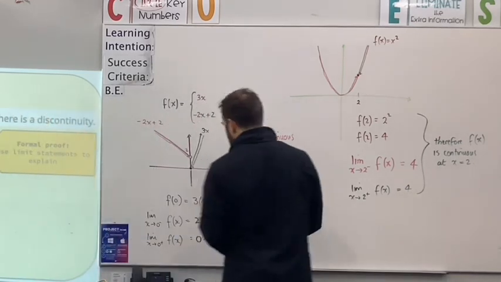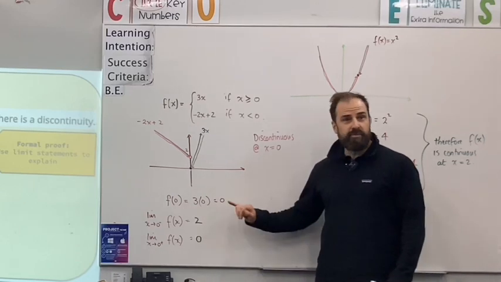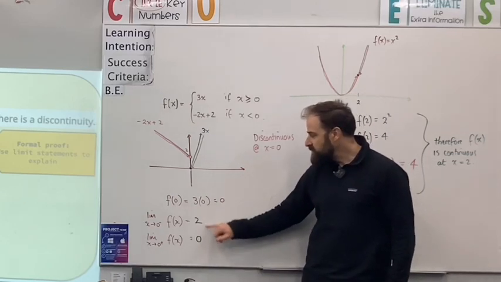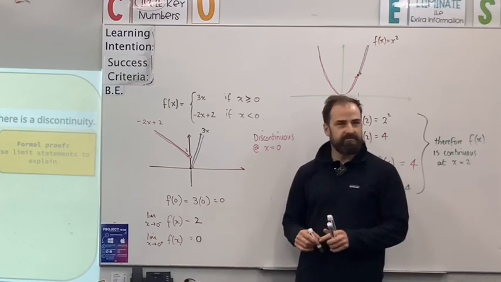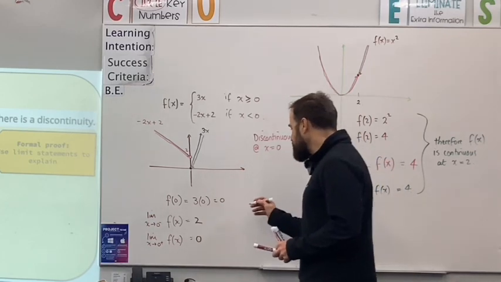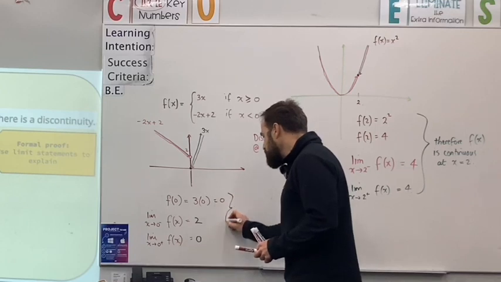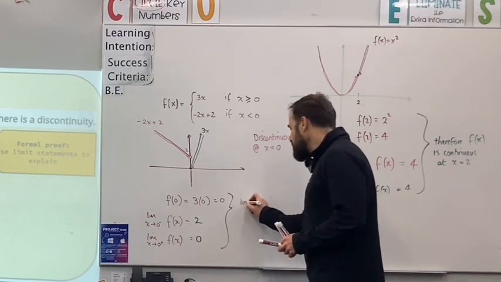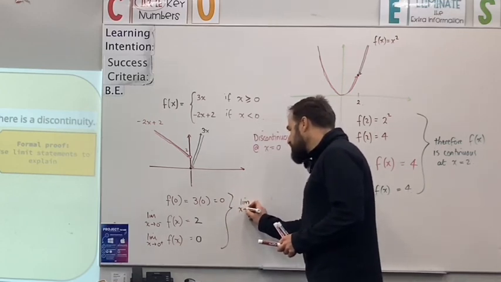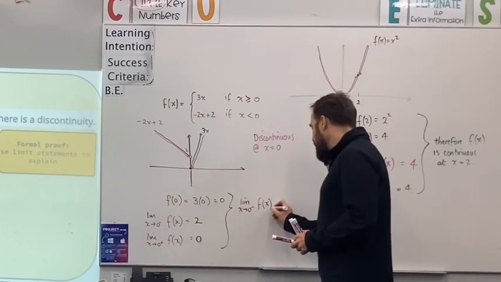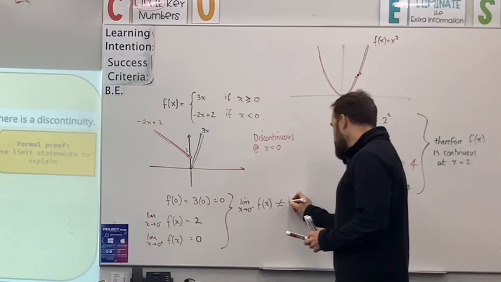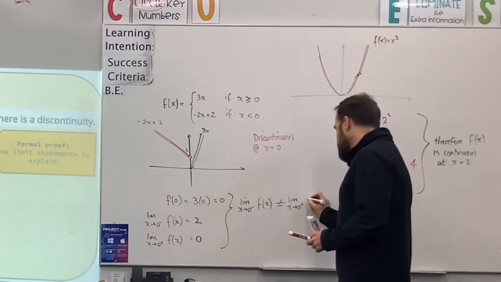So now, for it to be continuous, all of these values would have to be the same. Are they all the same? No. So what I state is the limit as x approaches 0 from the negative side does not equal the limit as x approaches 0 from the positive side.